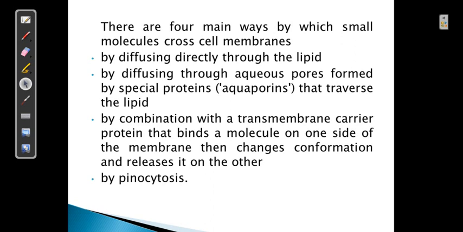These aquaporins are special transport proteins that traverse the lipid. Third, the carrier mediated transport system. Here the drug combines with a transmembrane carrier protein, it binds the molecule on one side of the membrane, then changes conformation, and releases it on the other side. And the fourth one is pinocytosis. It is also known as cell drinking.